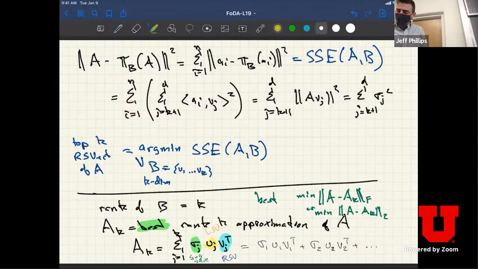And I think it's useful to pause here and think about what this object looks like. Getting A_k, I'm adding together these terms in the sum. What does this sigma 1 u1 v1 transpose, what are the dimensions of that?